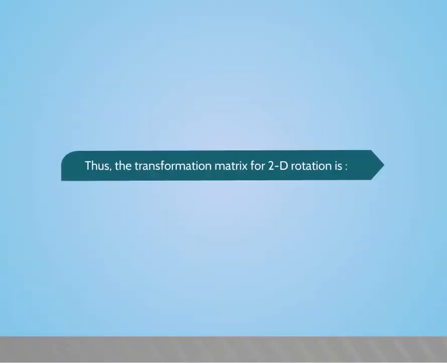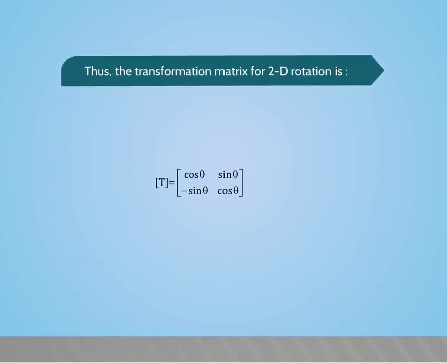Thus, the transformation matrix for 2D rotation is T is equal to the matrix [cos theta, sin theta; minus sin theta, cos theta]. The determinant of T is cos square theta plus sin square theta, which is equal to 1.